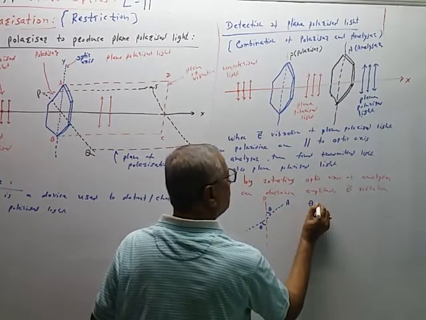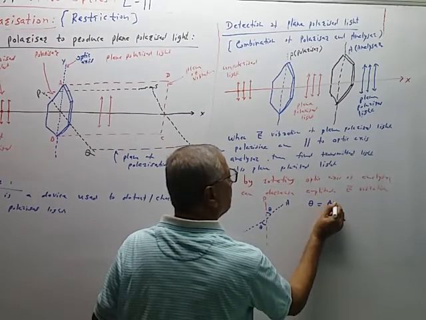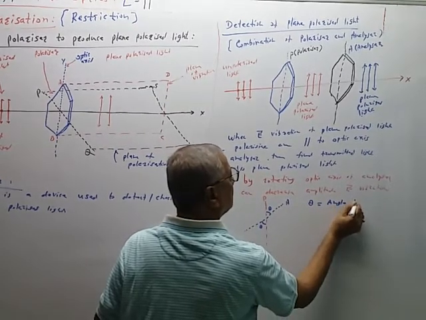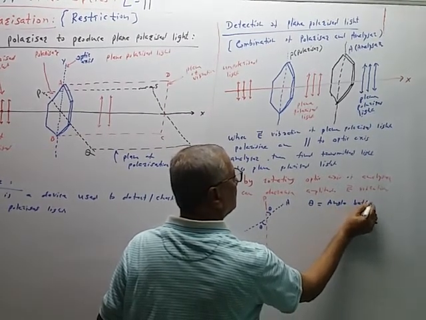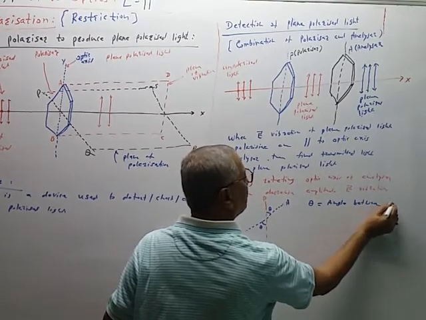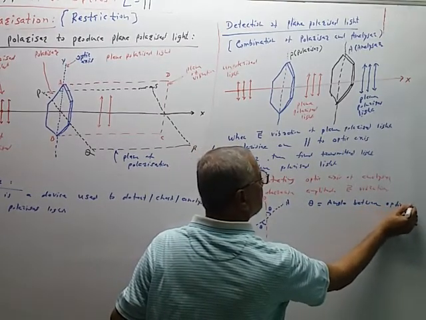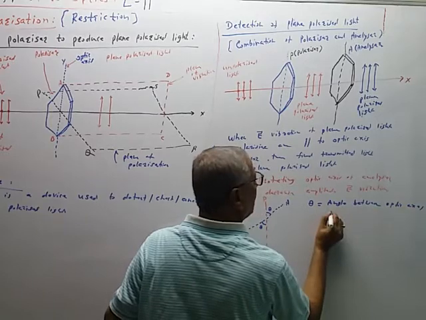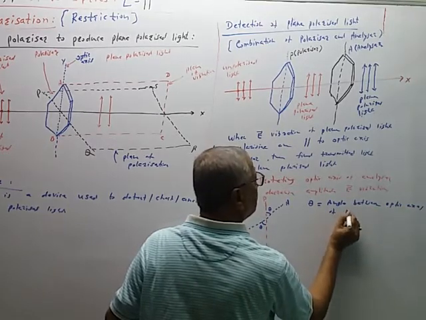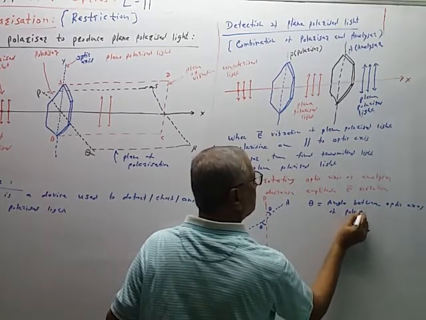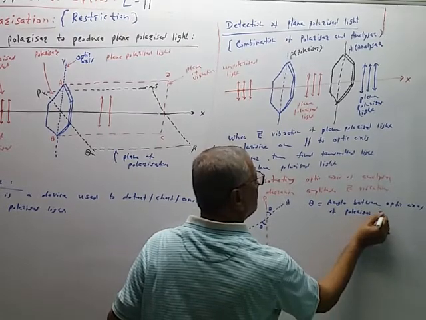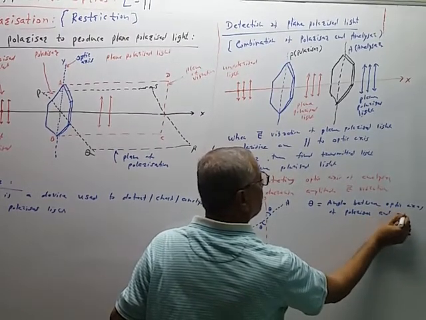Theta is equal to the angle between the optic axis of polarizer and analyzer.